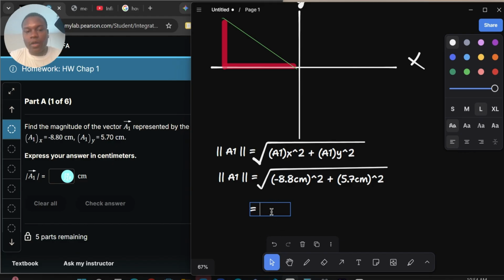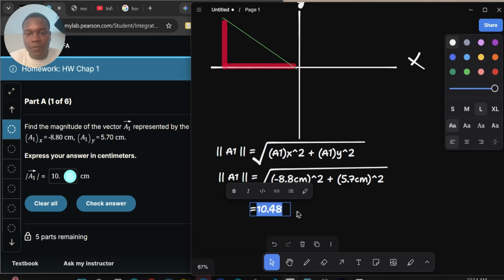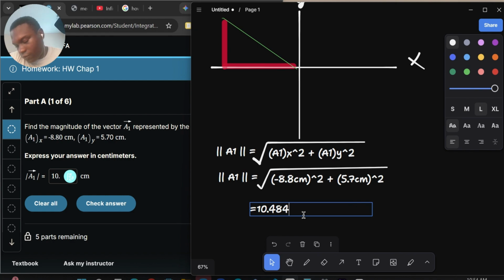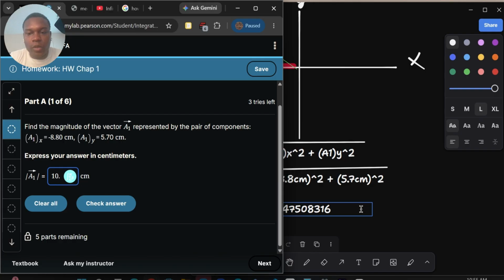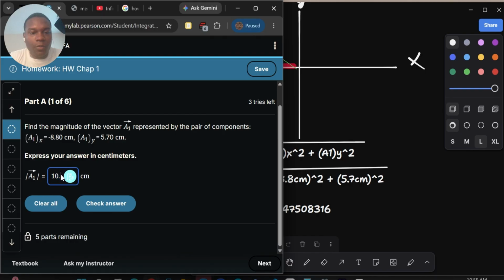So I got 10.48. Actually, we're going to be specific, just in case: 10.4847508316. This is what I got, but I'm just going to put it to 2 decimal places and hope they rock with that.